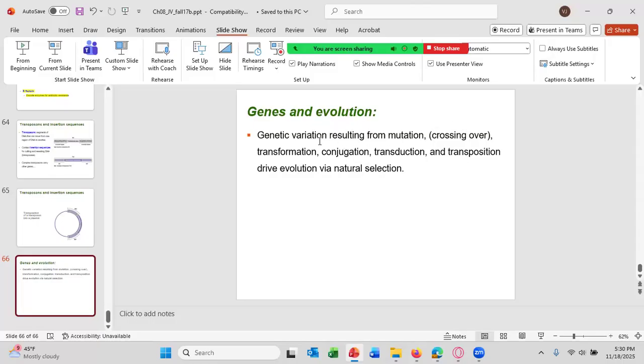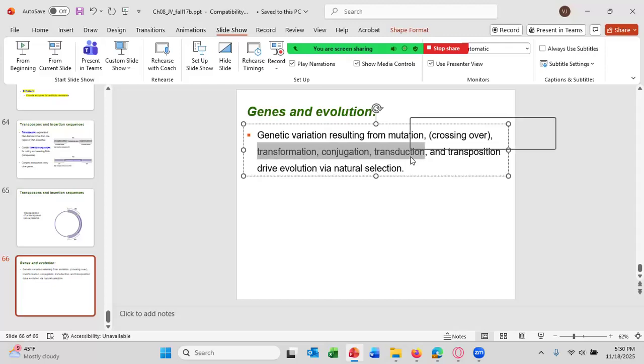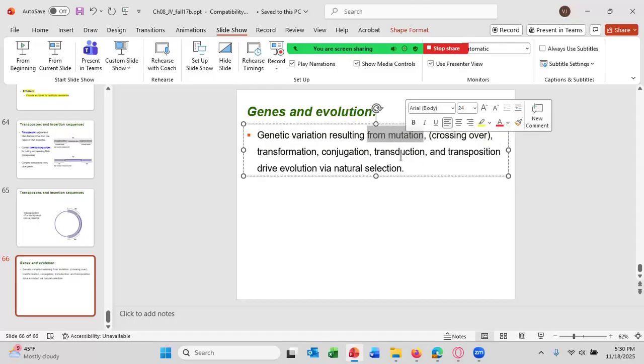Once genetic variation arises by mutation, it can then spread in a population, at least of bacteria, by transformation, conjugation, and transduction. And these are important because a cell is much more likely to get it by transformation, conjugation, or transduction than the cell is going to get it by mutation, 10 times more likely.